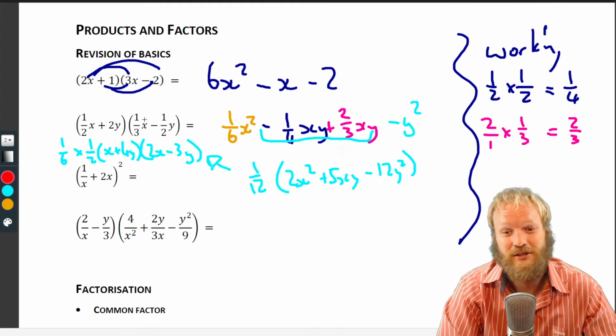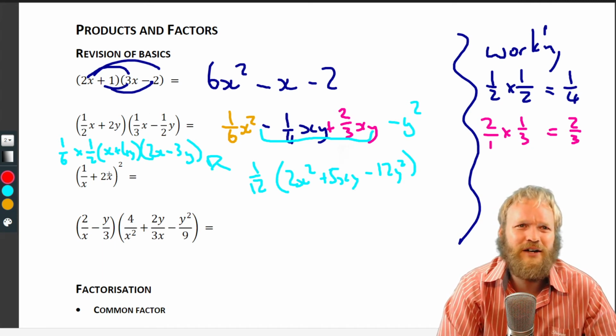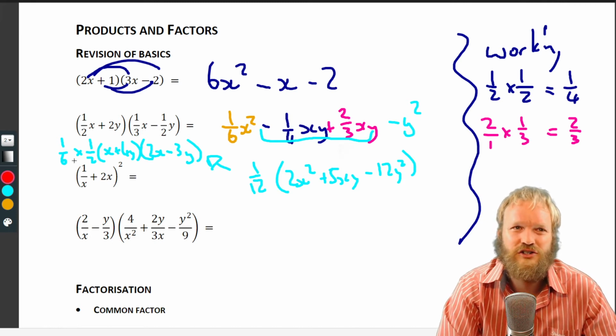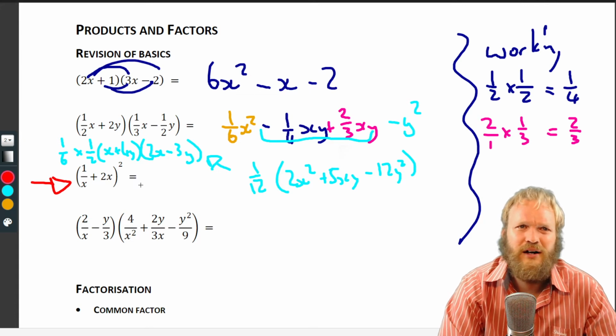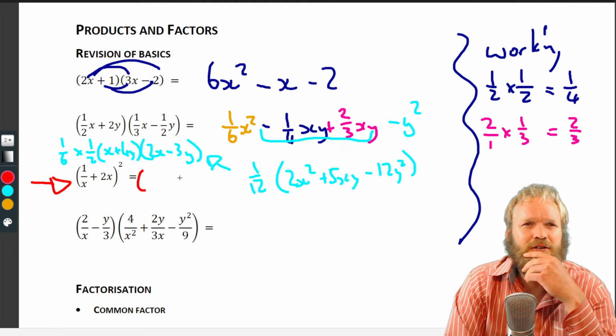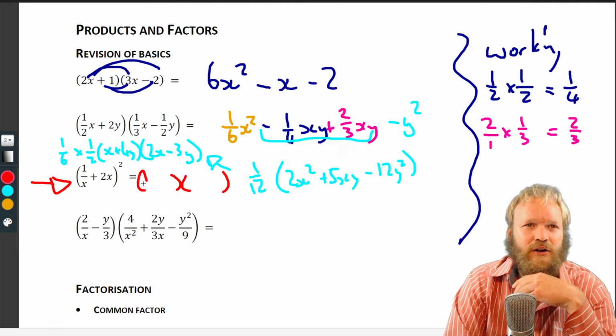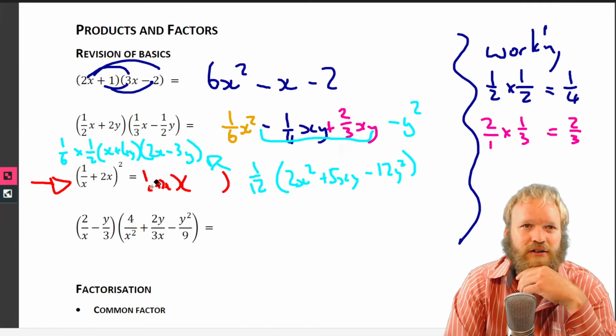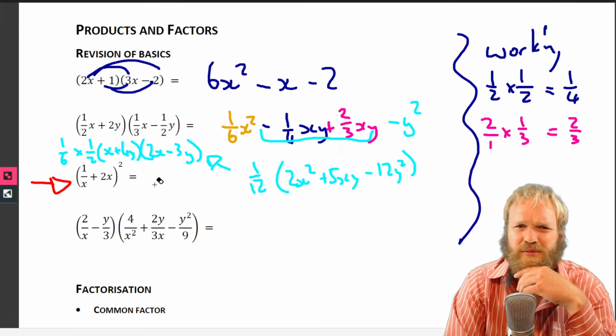Otherwise, just multiply out. Okay, (1 over x plus 2x) all squared. Ideas and strategies for this one over here. I think the easiest one is to go, so far I think we've been going 1 over x plus 2x. I can't see what I've written there. Could you see what was written there?